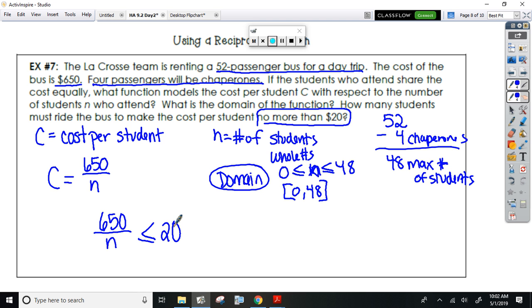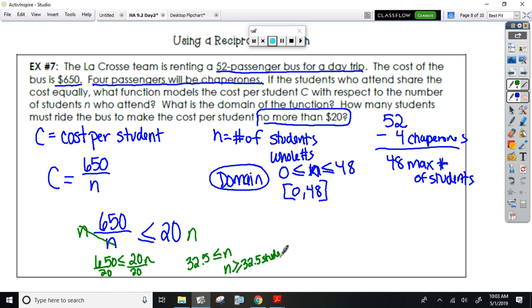Then you have to solve for n. So we'll undo division by n with multiplication by n. Undo multiplication by 20 with division by 20. And we should get a decimal. 32.5 is less than or equal to n. So I'm going to switch that around so the variable's on the left. n has to be greater than or equal to 32.5 students.